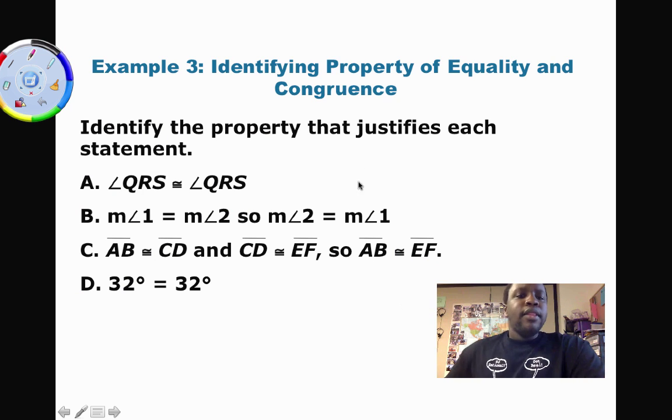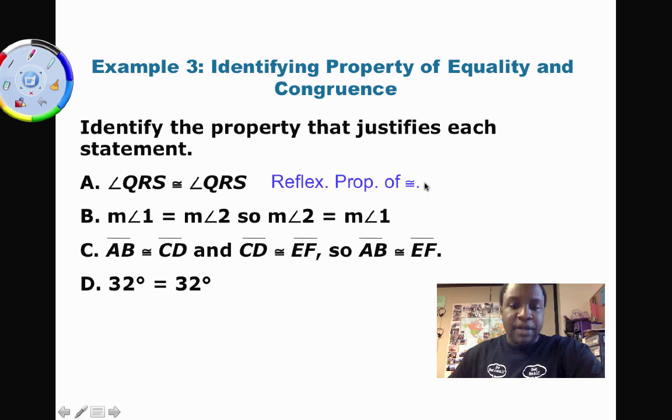So now let's identify some properties of equality and congruence. Identify the properties that justify each statement. Angle QRS is congruent to angle QRS. This is the reflexive property of congruence because we're looking at the same figure twice.